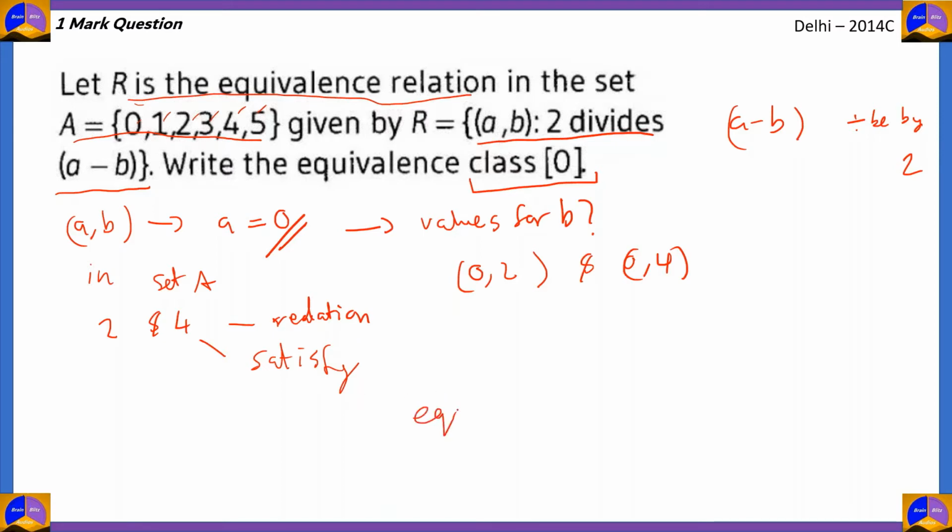Therefore, the equivalence class of the element 0 will be {2, 4}. So {2, 4} is the equivalence class of the element 0 in the set A, which follows the relation R = {(a, b) such that 2 divides a minus b}. So that is our first question.